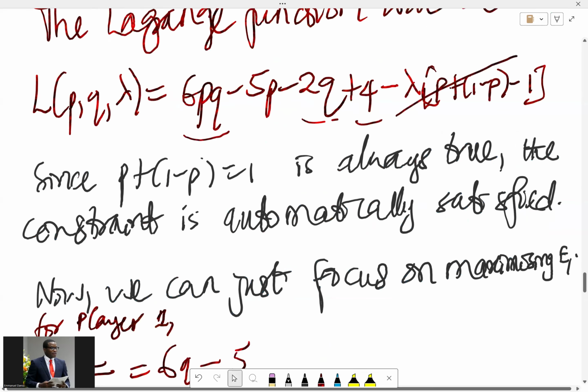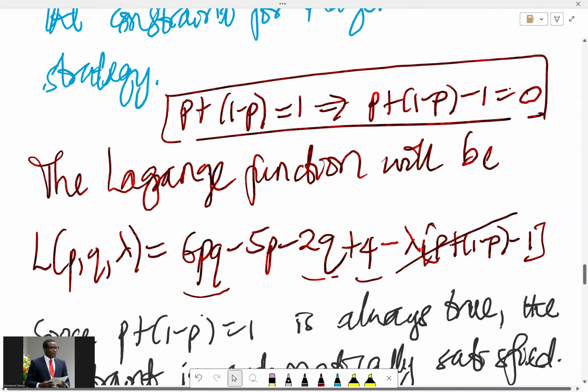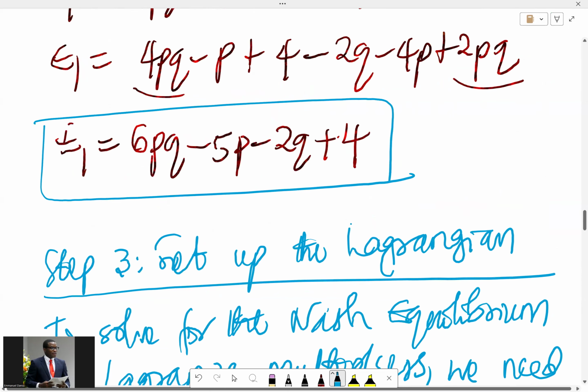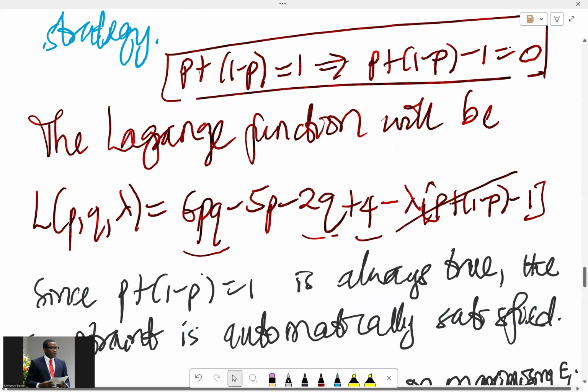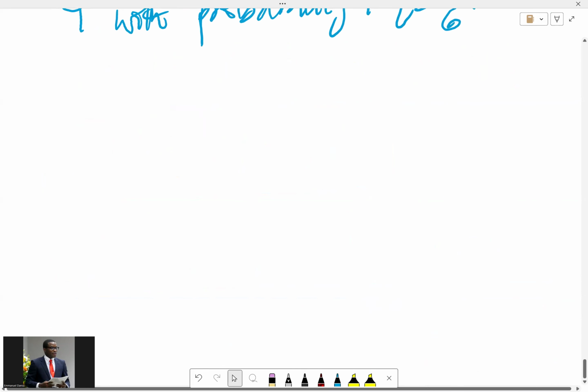So if we want to, we can now go back and compute the expected payoff of player one. The probabilities have actually given us everything we need, but let me do that as a final one. I won't bother about the expected payoff of player two, because the most important thing is to get the probabilities.